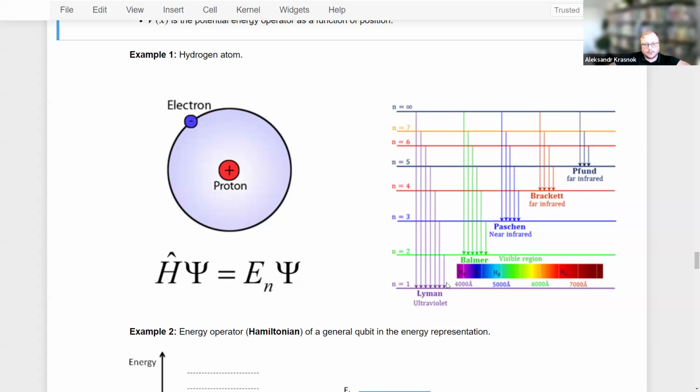Okay, so for example, the transitions of an electron from a higher state to a lower state are, of course, accompanied by the emission of a photon from the system, like shown here, and these transitions we observe in experiments.